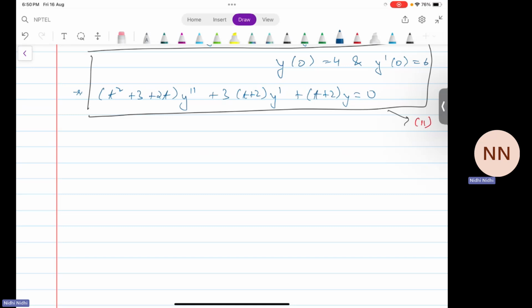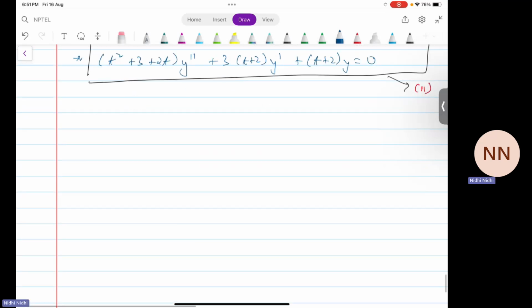So y equals summation cn t^n will be a solution, and then similarly, as done earlier, we'll find the coefficient Ci's. So let y(t) equals summation 0 to infinity cn t^n be the solution.